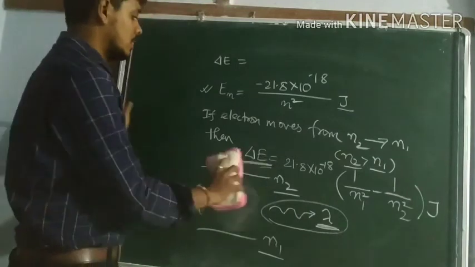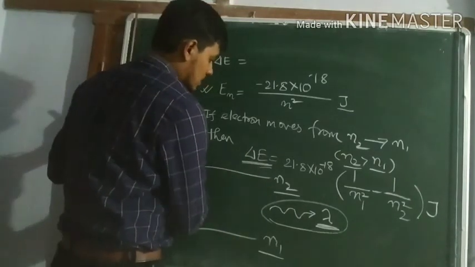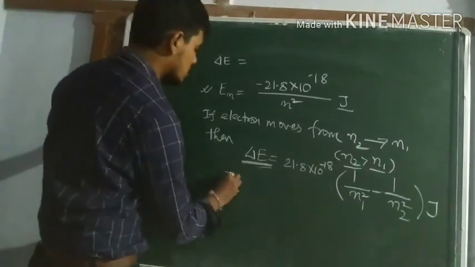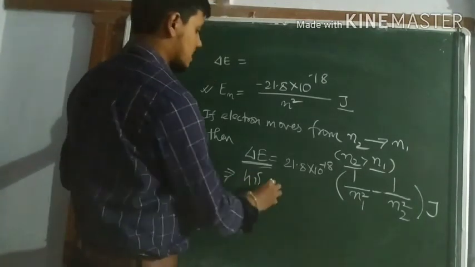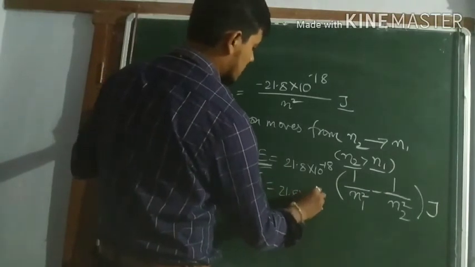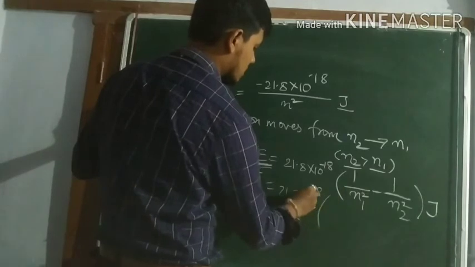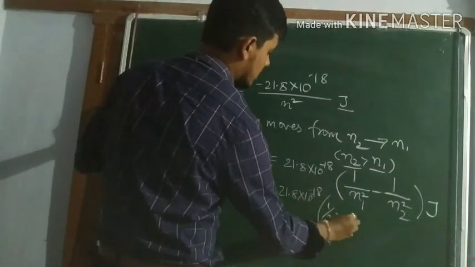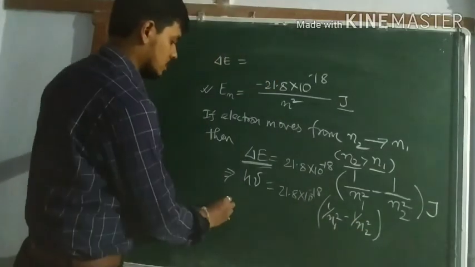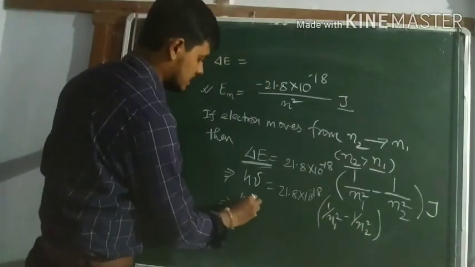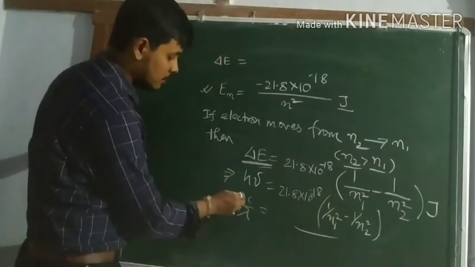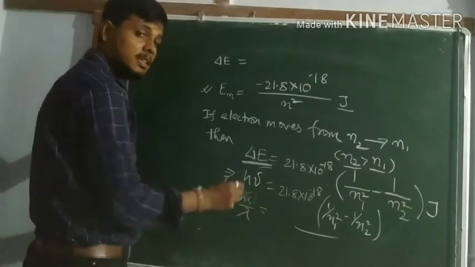If we try to find out the value of lambda, this delta E is equal to h nu, equals to 21.8 into 10 to the power minus 18 into 1 by n1 square minus 1 by n2 square. So that means hc by lambda equals to this much. Now we know the value of h, we know the value of c.